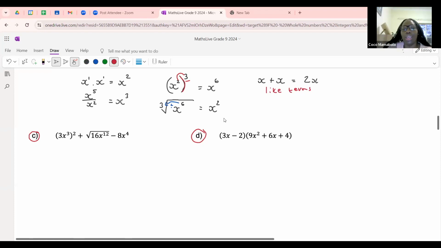If we start over here, the first thing I always do is go in here, and anything that doesn't have an exponent gets an exponent of 1. Remember that, guys. If I've got an x sitting all by itself, what is the exponent of this x as it sits on its own?